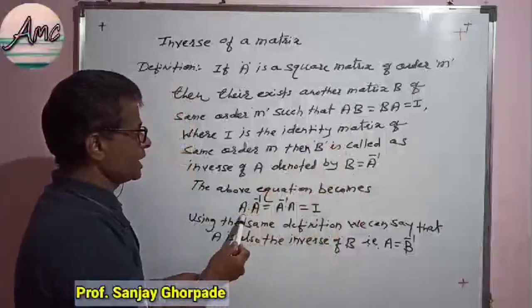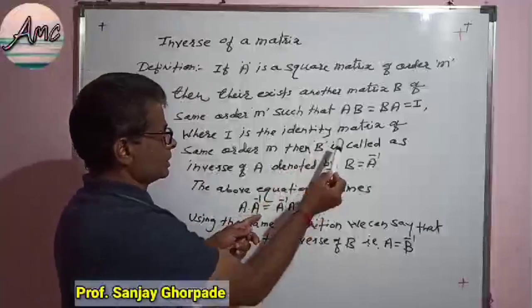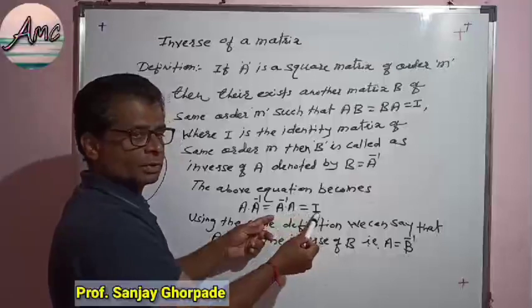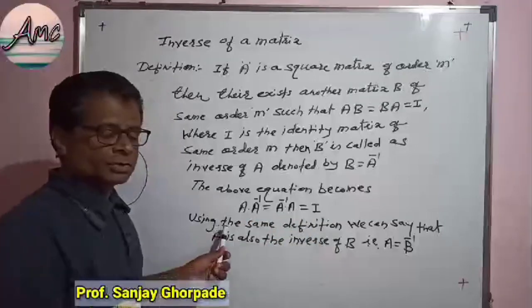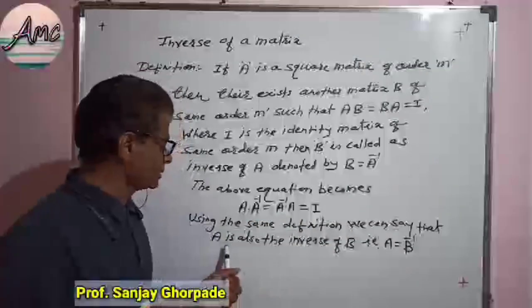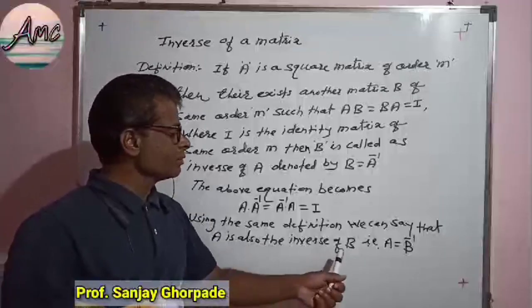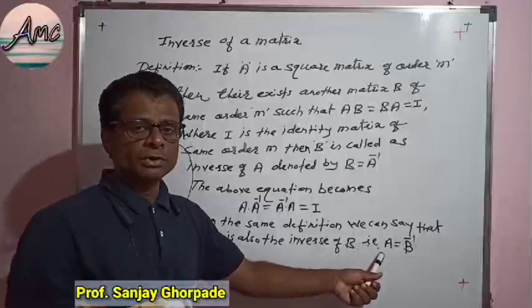So A into B becomes A into A inverse equal to B into A. B is nothing but A inverse into A, that is equal to I. Using the same definition, we can say that A is also the inverse of B, that is A equal to B inverse.